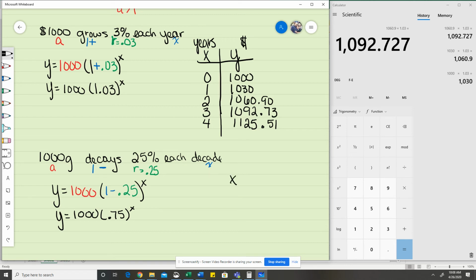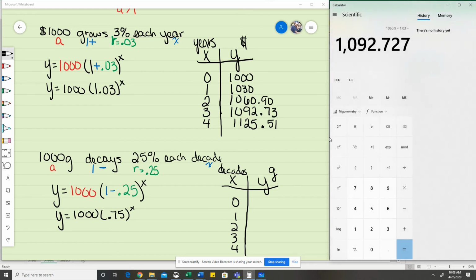So let's figure out how much of this substance we have left after a few decades. So 0, 1, 2, 3, and 4. X again is our decades. Y is going to be the number of grams we have of this substance.